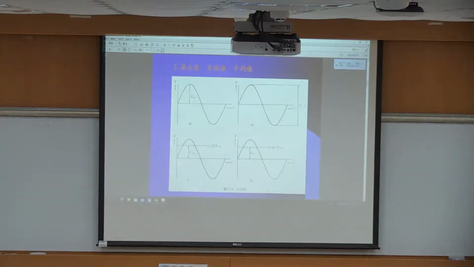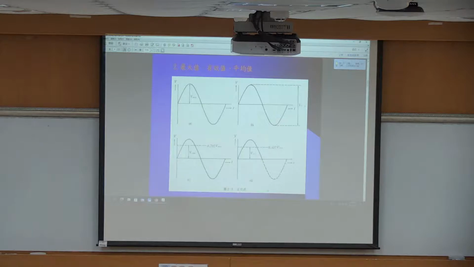And here are the meanings of some waveform terms that we use in these experiments: the maximum value, which means the peak value of the wave, and the peak to peak value, which is from the upper peak to the lower one, and the RMS value, the root mean square value that we have already learned in the electronic class.